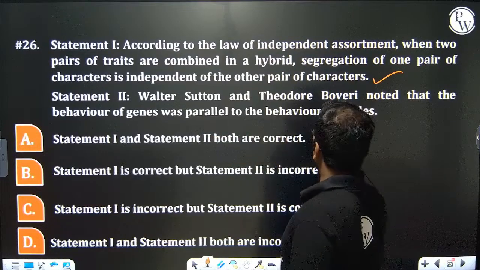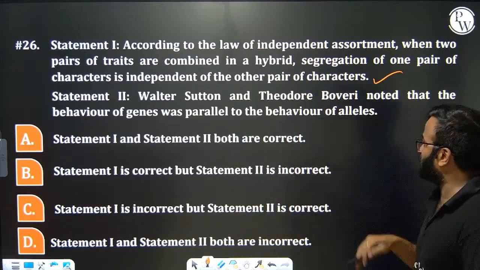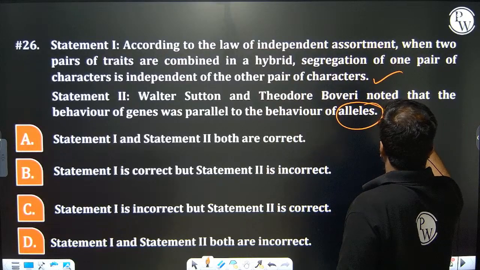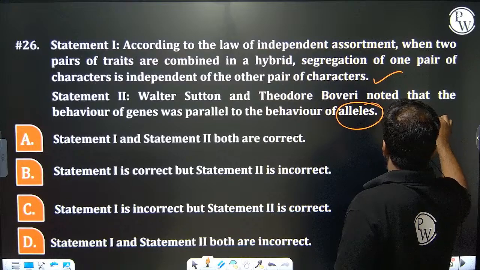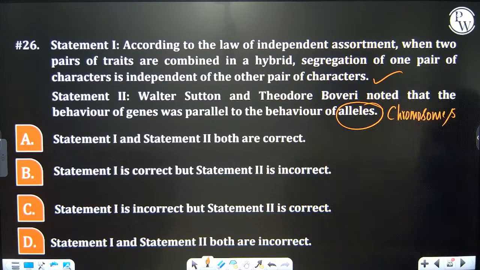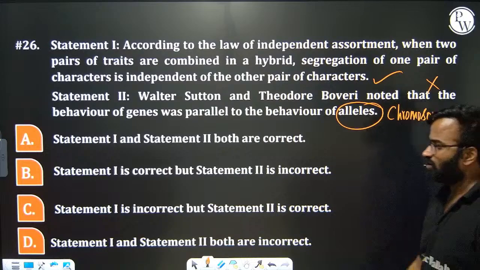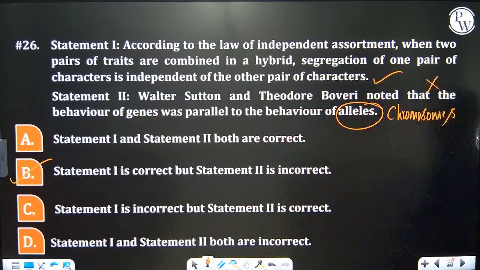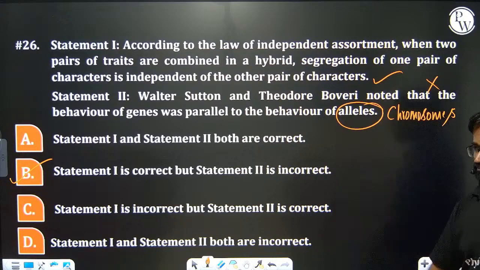Alleles are nothing but genes. So it should be parallel to the behavior of chromosomes, through which they proposed the chromosomal theory of inheritance. So I would go with statement 2 as incorrect. Which option gives that answer? B. Statement 1 is correct, but statement 2 is incorrect. Pay attention.